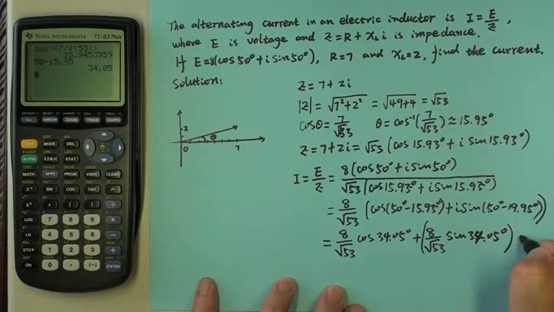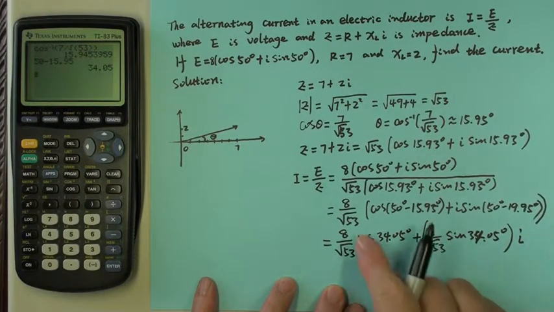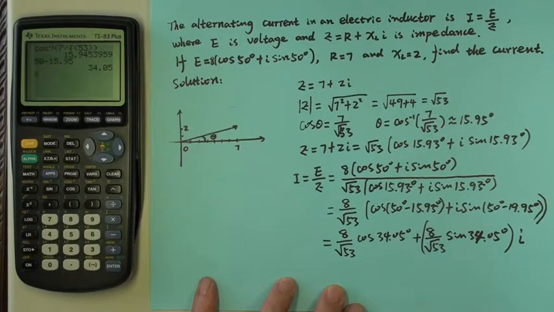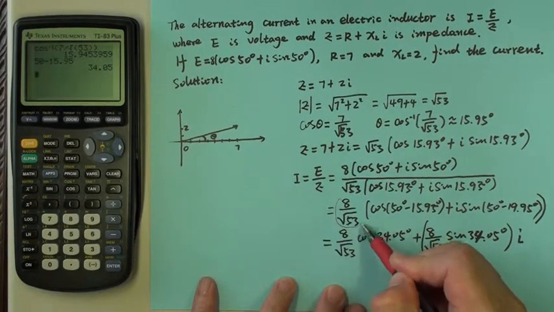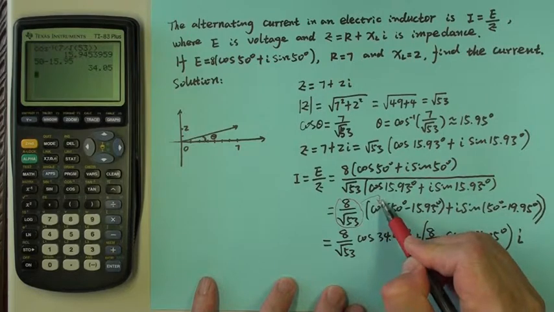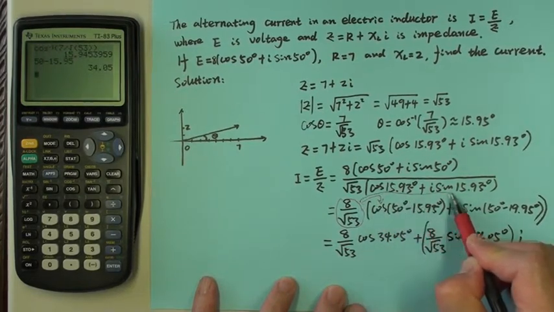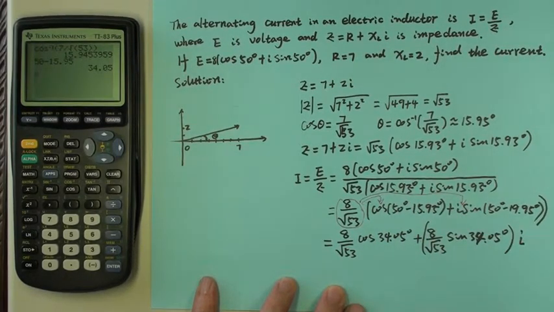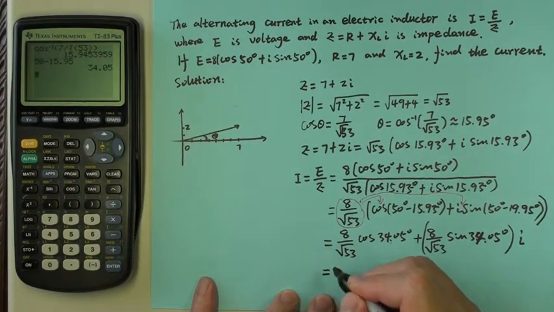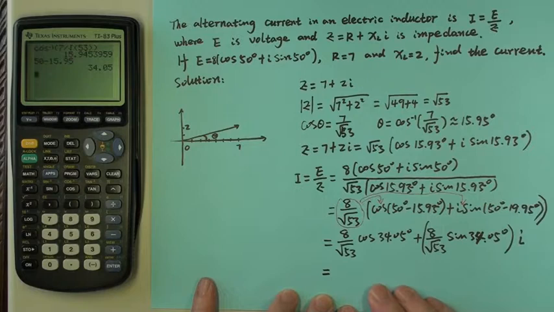Let me put a parenthesis here. What you do is distribute this one to everyone inside, the distributive property. Now, figure out the final answer. Then we are done.